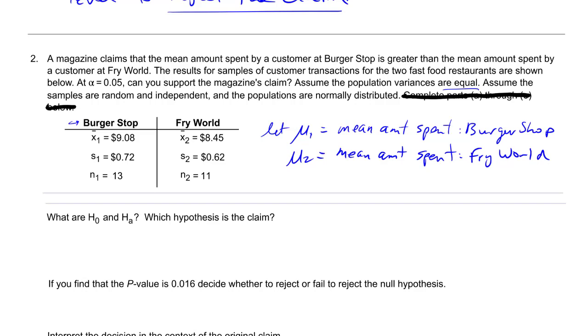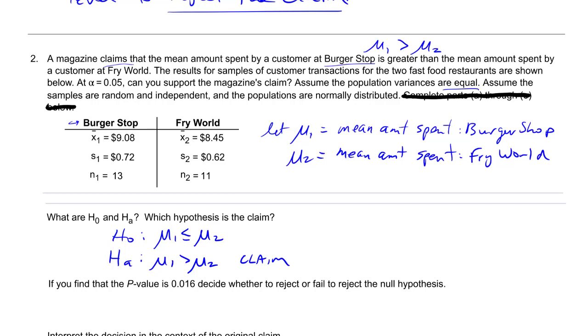And so what is being said here? A magazine claims that the mean amount spent by a customer at Burger Stop is greater. So the magazine is claiming mu1 is greater than mu2. Okay, so we could go down to our null and alternative. Mu1 greater than mu2 does not have the equals, so that's the alternative, and that is the claim. And so the null would be mu1 less than or equal to mu2.